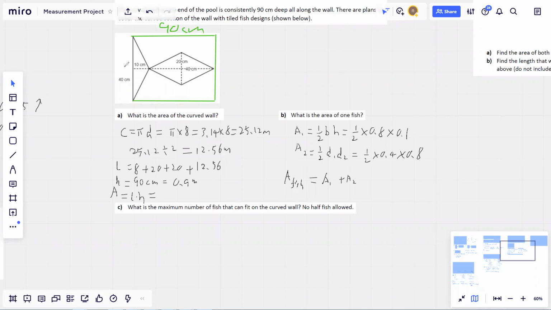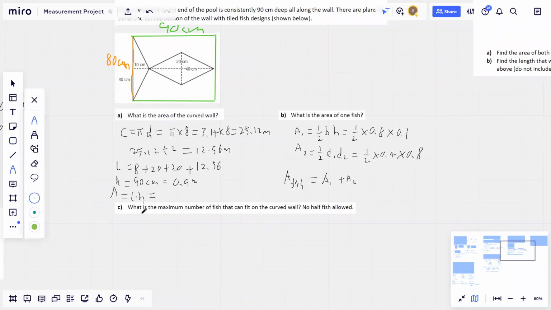And for the vertical part, I use a different color. It's 40 plus 40, that will be 80. I just write 80 here, 80 centimeter.